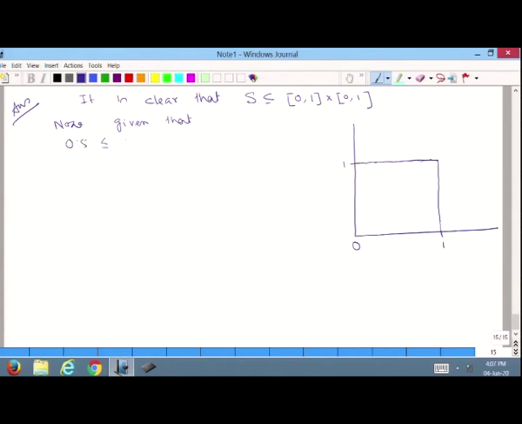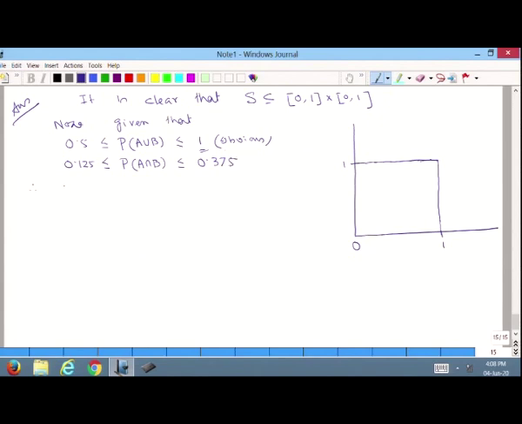0.5 less than or equal to probability of A union B less than or equal to 1, because this is obvious. All probabilities are less than or equal to 1. Also, it is given that 0.125 is less than or equal to probability of A intersection B less than or equal to 0.375.